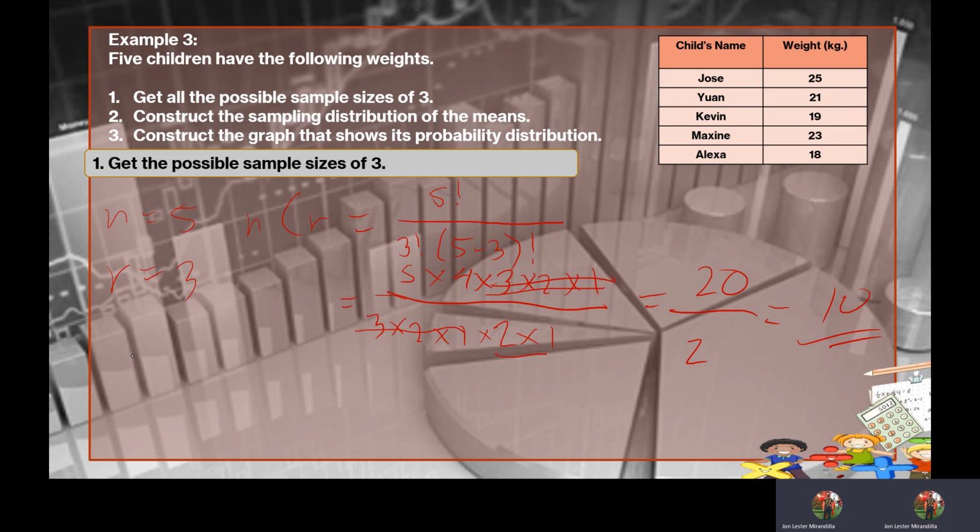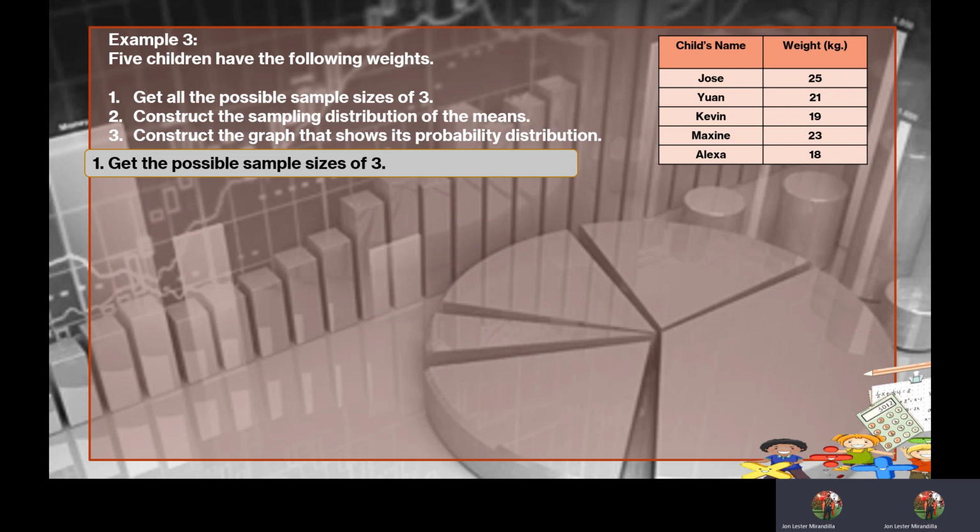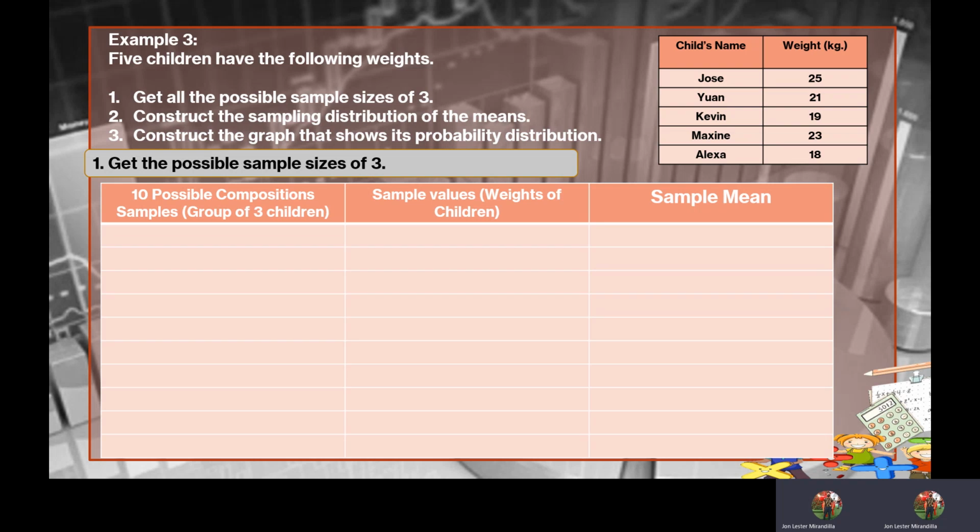Gets ba? Okay, yun yung ways na pag-solve ng ating combination. Proceed tayo sa ating goal, which is, goal number 1, to get the possible sample sizes of 3. Here's the table. All we need to do is to find the 10 possible outcomes or yung 10 possible compositions na makukuha natin.